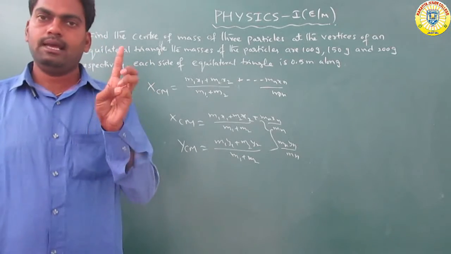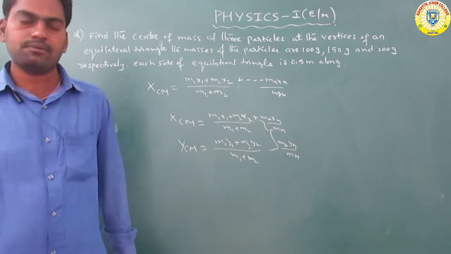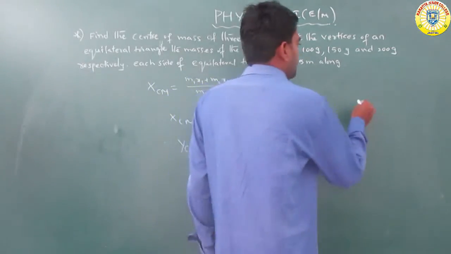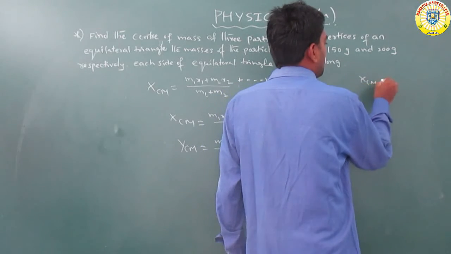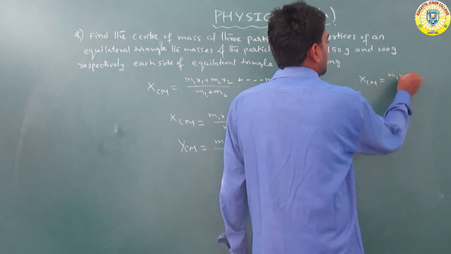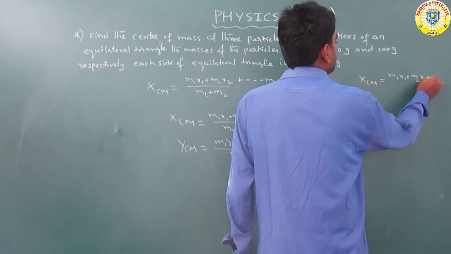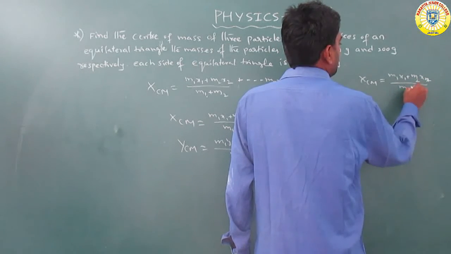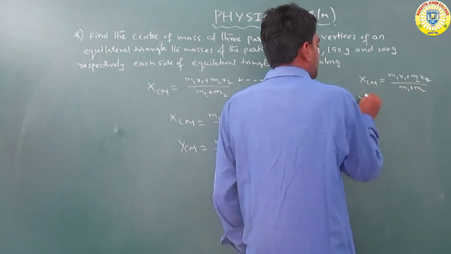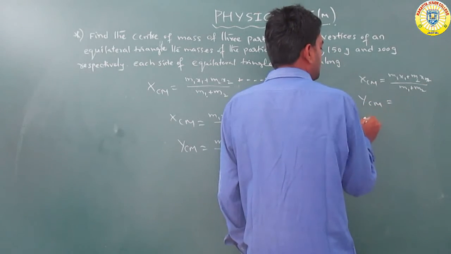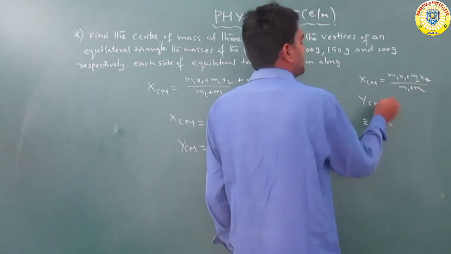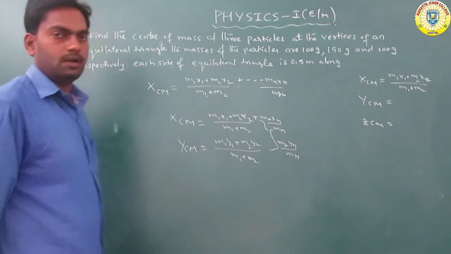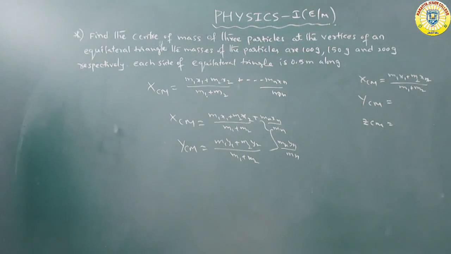So xcm is equal to m1 x1 plus m2 x2 by m1 plus m2, and similarly ycm and zcm we can write. Okay, got it. So now we are given that information.